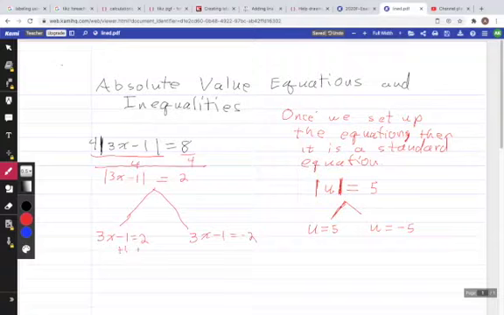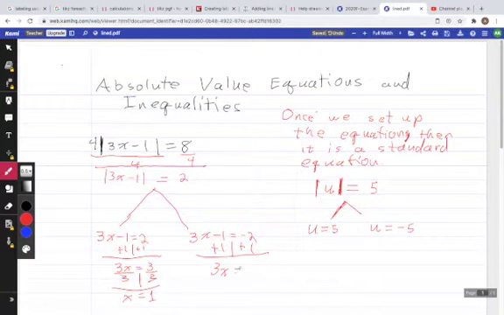So add 1 to both sides of the equation. 3x is equal to 3. Divide both sides by 3. And we end up with x equals 1. That is one of our possible answers. The other possible answer we find by solving this second equation, where we first add 1 to both sides to undo our subtraction. We're left with 3x equals negative 1, and then we divide both sides by 3, and we end up with x equals negative 1/3.